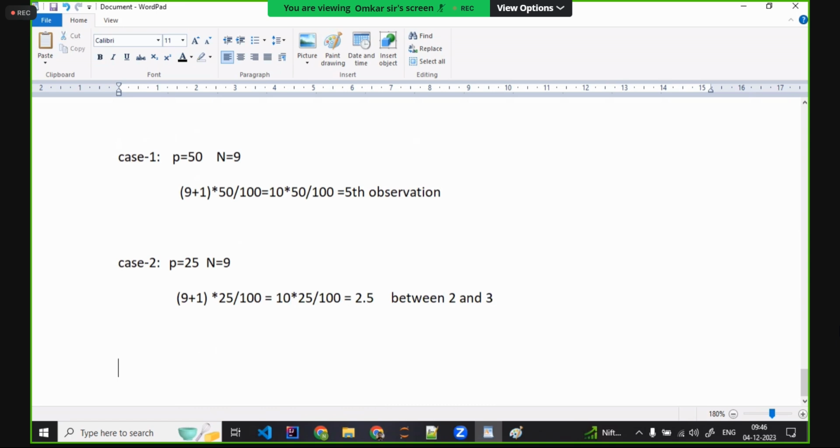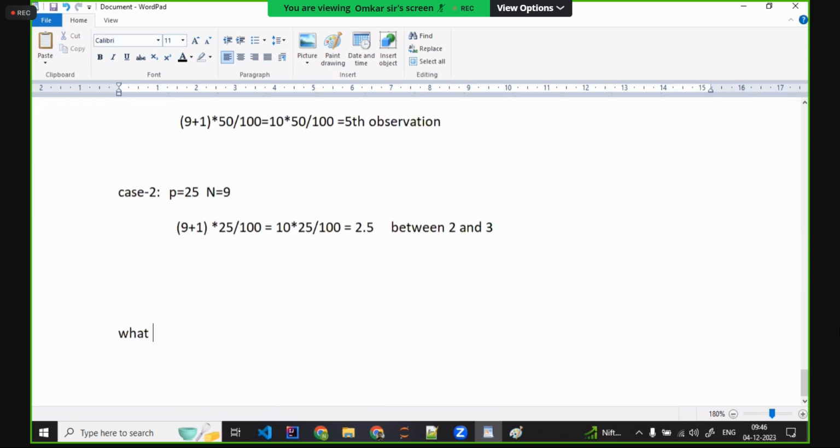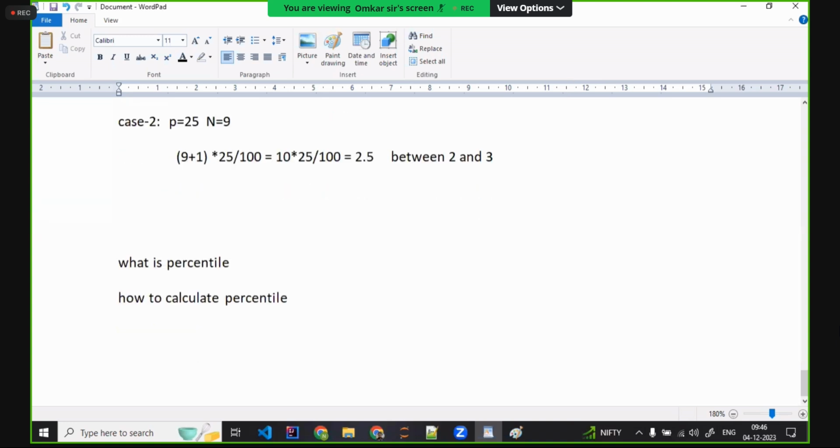Now tell me, everyone understood about percentiles? What is percentile and how to calculate the percentile? You can calculate any percentile: 1 percentile, 2 percentile, 3 percentile, 30 percentile, 60 percentile, because the data is divided into 100 parts.